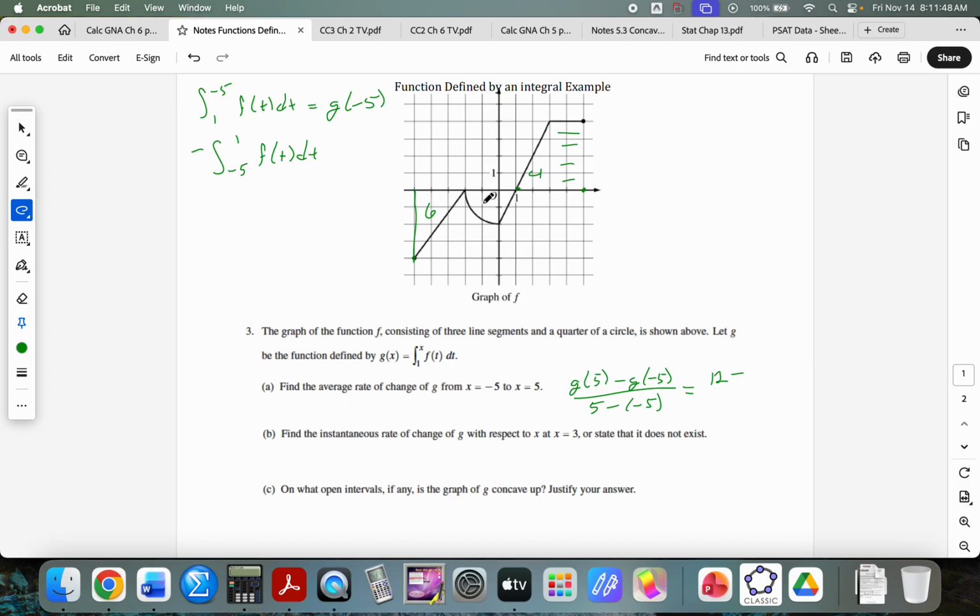This is half of a circle with a radius of 2, so that has an area of pi. And this has an area of 1. So it's 7 plus pi, all over 10.